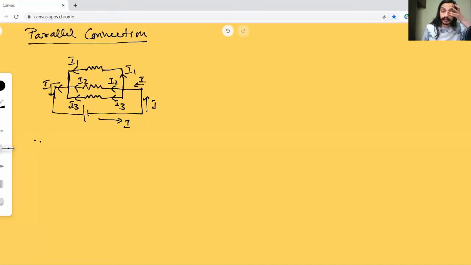For each of these loads, if you check the voltage, you'll have the same voltage. So voltage is constant in a parallel circuit or parallel connection.